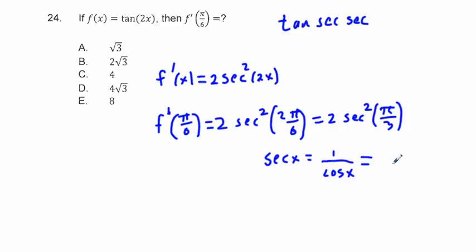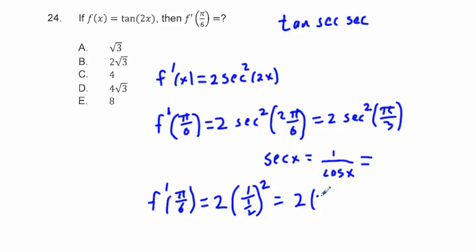And so we have, for this one, f prime of pi over 6 is equal to 2, and we have 1 over 1/2 squared, which is going to be 2 times 2 squared, which is going to be equal to 8. So our correct answer choice is E.